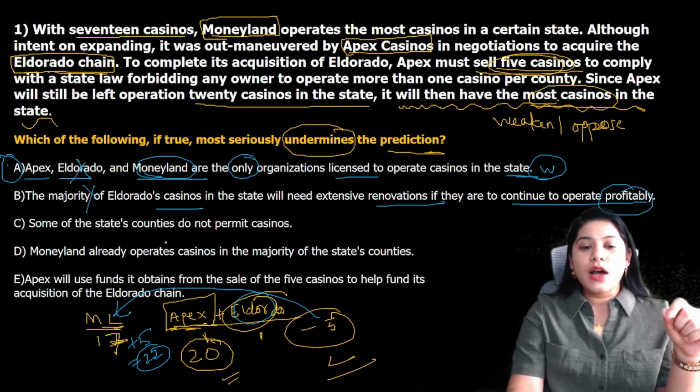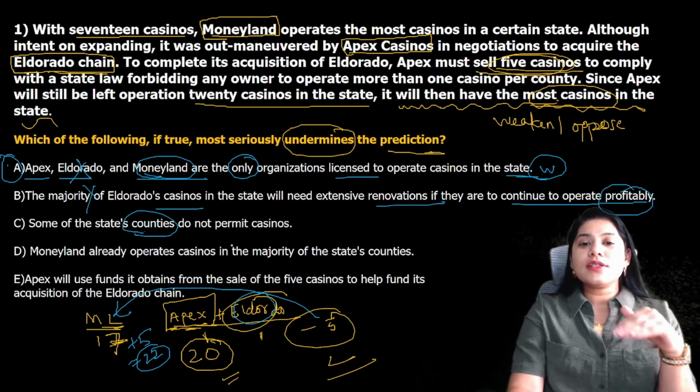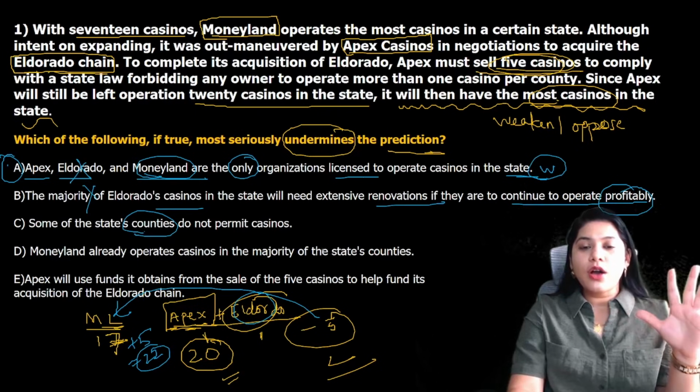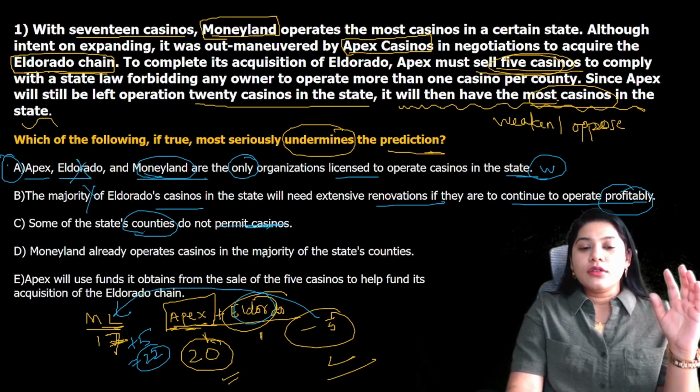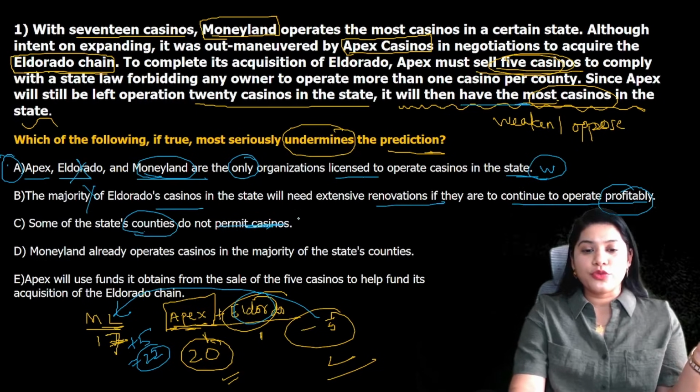Some of the state counties do not permit casinos, that's okay, no casino will be operating there. But in whichever counties it's allowed, who has more casinos than Apex is what we have to prove. So irrelevant again.